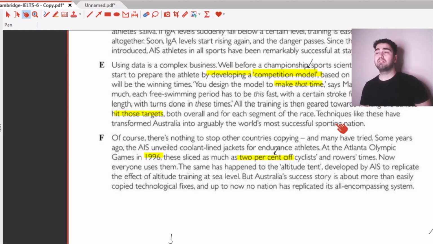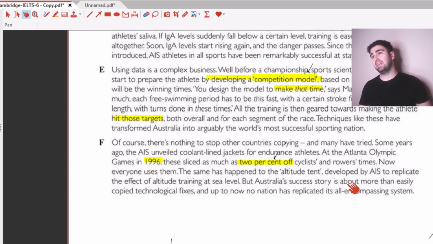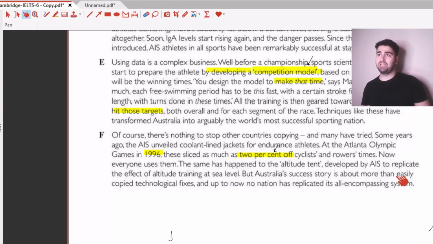They also introduced some things that swimmers wore, maybe, and also some kind of profile. It helped them to win something or outperform themselves, hone their skills in an Olympics. Right now I remember the year, it was 1996. Okay, so this is the general idea behind skimming.